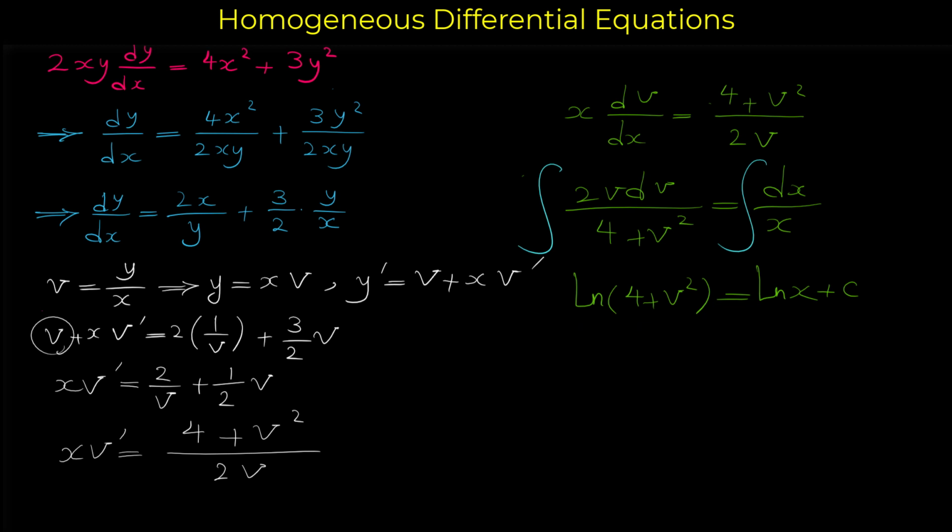Let me show you how you can do this. I want to find a way to get rid of these ln's. There are different ways that you can do this. I will show you one of the ways that you can get rid of these ln's.